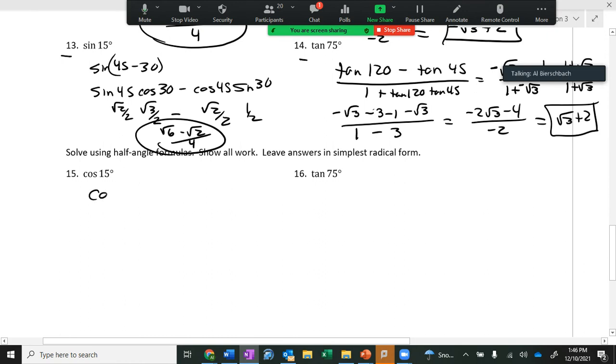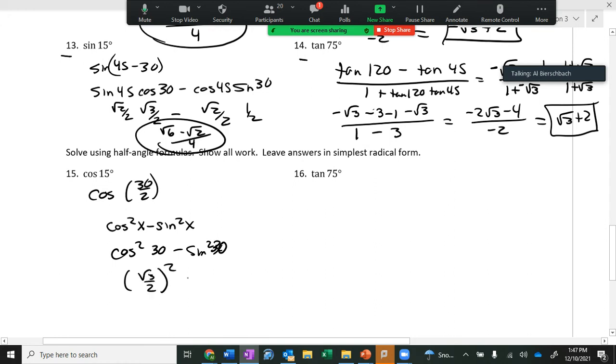Okay, half angle formulas. This is the cosine of 30 over 2, which is, if we use the cosine squared of x minus sine squared of x, it's the cosine squared of 30 minus sine squared of 30, which is square root of 3 over 2 squared minus 1/2 squared, which is 3/4 minus 1/4, which is 1/2.